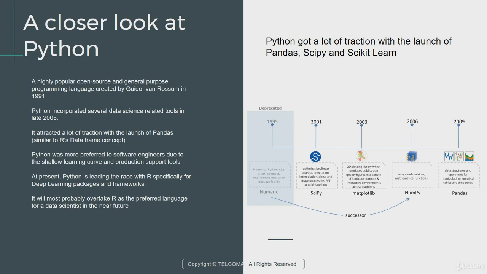So today, if you look at the data science community, a significant portion comes from a computer science background, and computer science guys will definitely have some sort of exposure to languages like C++ or Java. For someone with exposure to these languages, picking up Python is relatively very simple compared to picking up R. So it offered a lot of other advantages also.